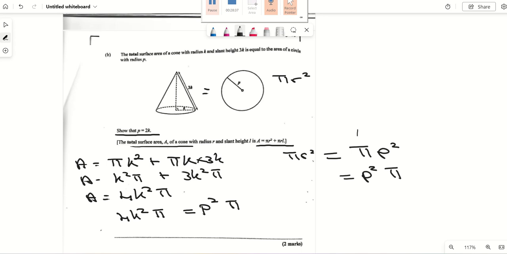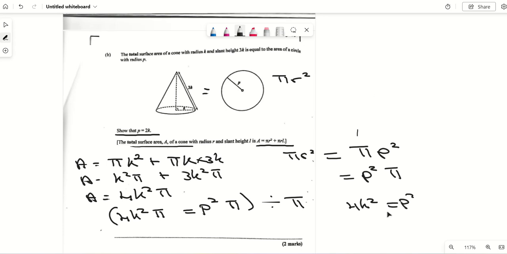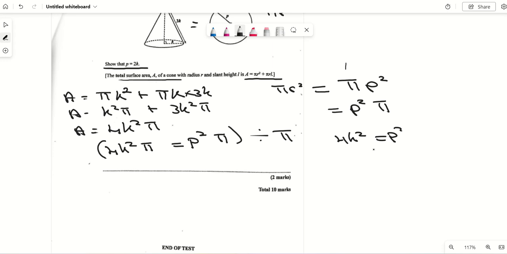Both of them have pi in common, so we're going to divide out pi. So you're going to get 4k squared is equal to p squared. And they told you to find p. Now, if we're making p the subject, we're going to carry across this squared. And the opposite of squared is to find the square root of 4k squared, which is equal to p.